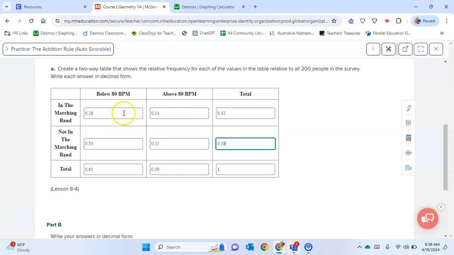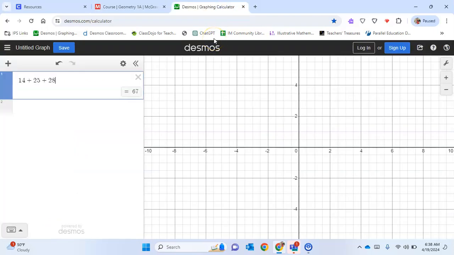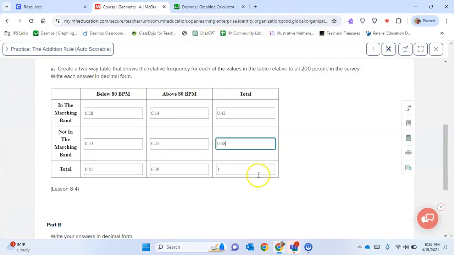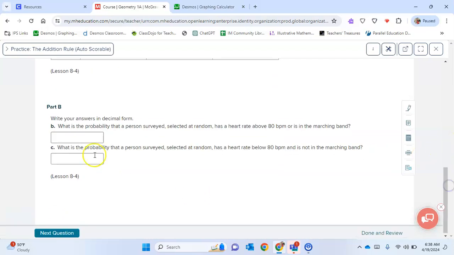And in the marching band, we wouldn't count the 14% again, just the 28%. That's 67%, 0.67.